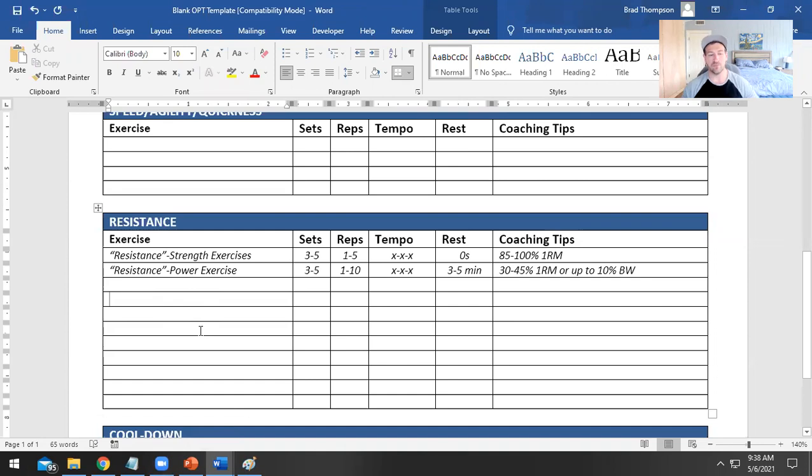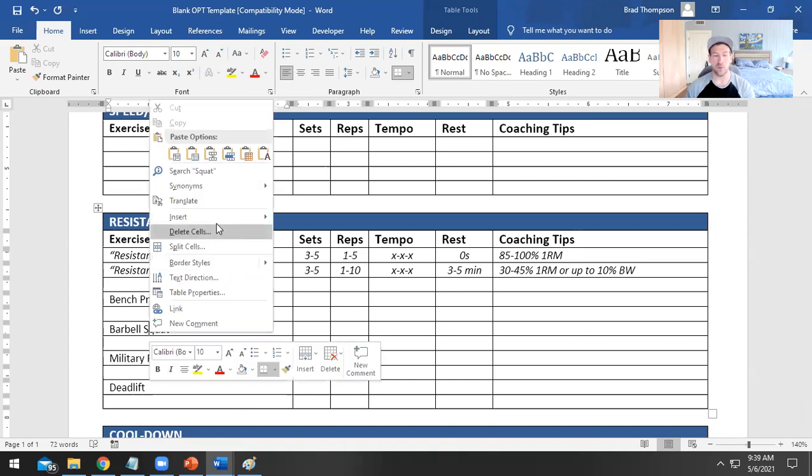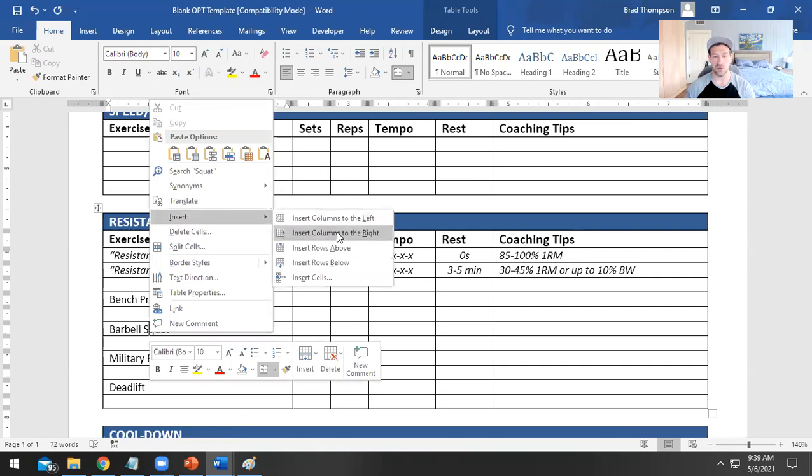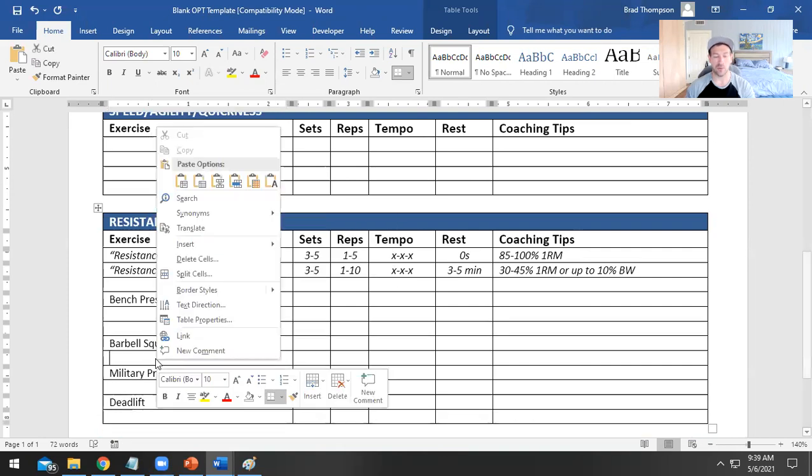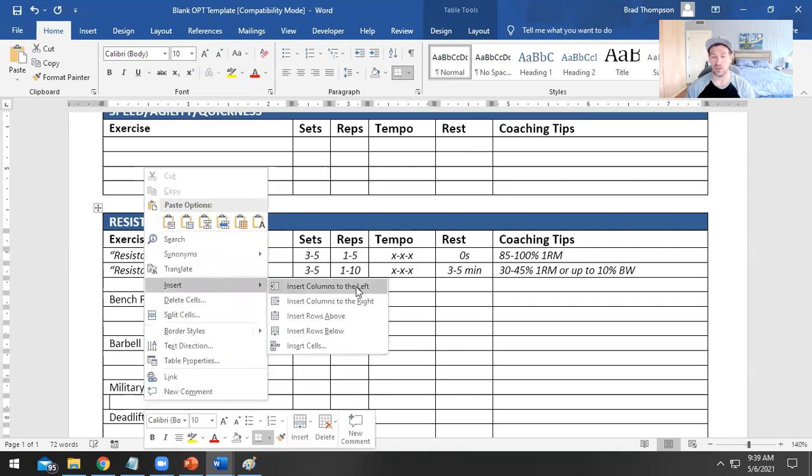So again, we kind of go back to that classic powerlifting routine. It was the bench press, right? It was the barbell squat. Let's say it's the military press and the deadlift, right? So all of those are very strength style movements, but we also need to have a power movement paired up with every one of these, right?